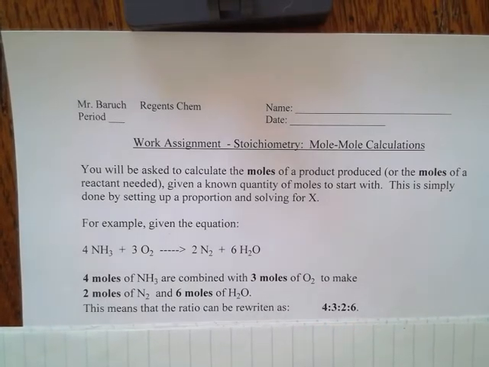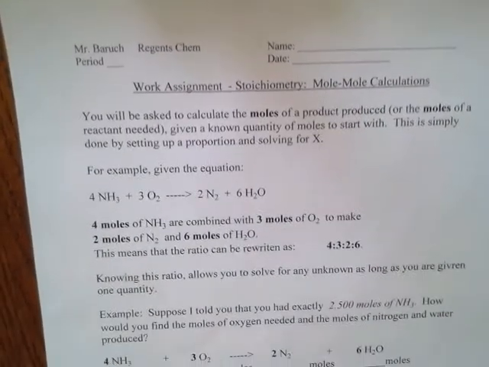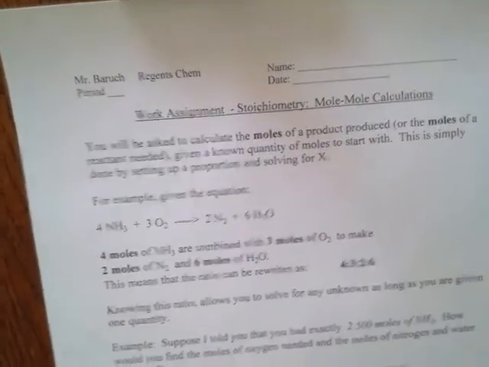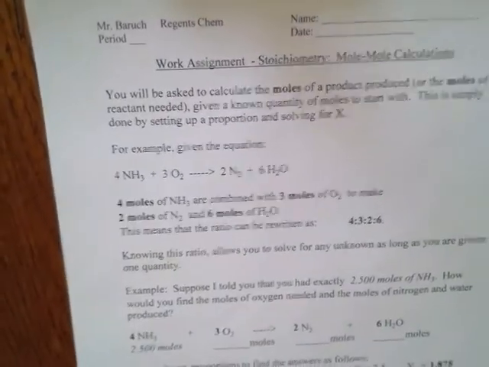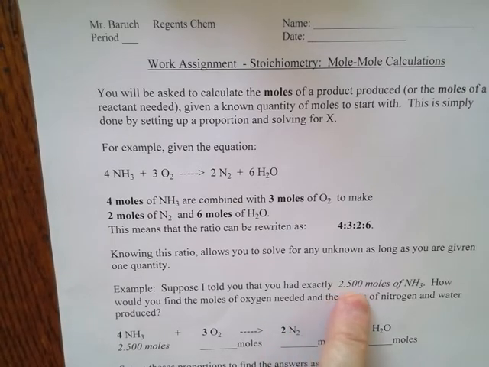So let's say in this example, I'm going to give you 2.500 moles of ammonia, and then I'm going to ask you to find how many moles of oxygen we're going to need and how many moles of nitrogen and water we're going to produce starting from that information.